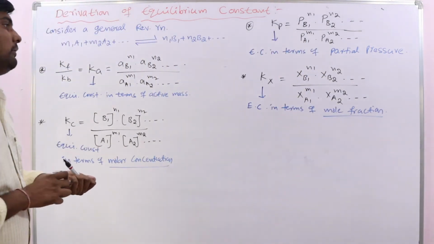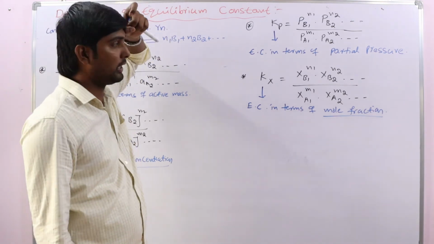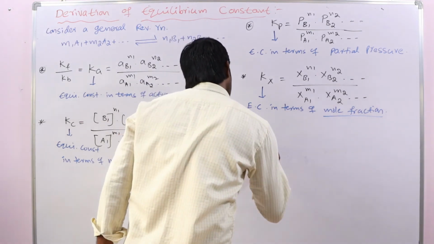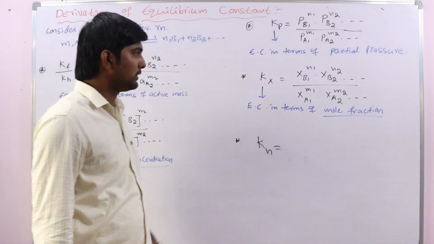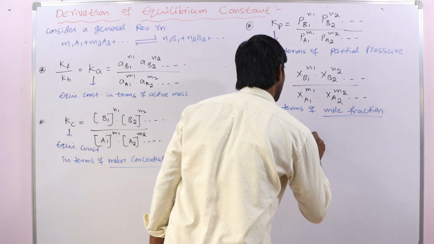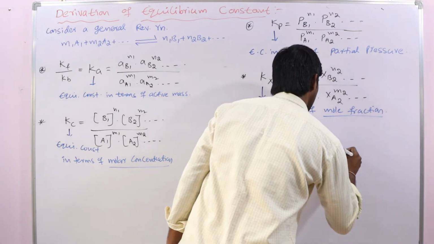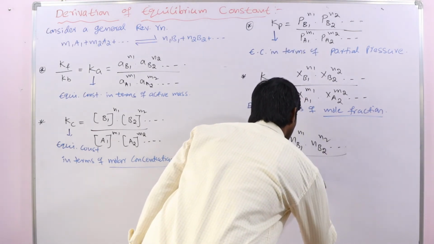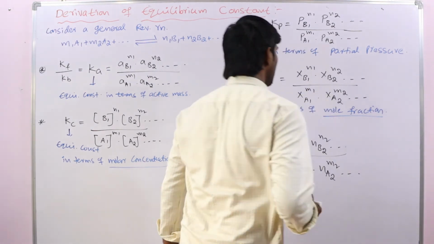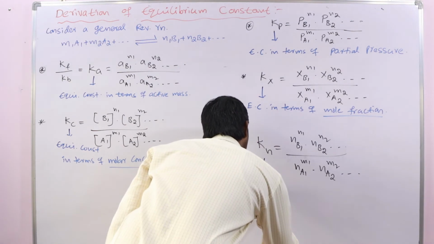If the mole fractions of the reactants and products are given and you are asked to find the equilibrium constant directly, we can use this relation. Also Kn, the equilibrium constant in terms of number of moles: number of moles of B1 to the power N1 times number of moles of B2 to the power N2 and so on, divided by number of moles of A1 to the power M1 times number of moles of A2 to the power M2.